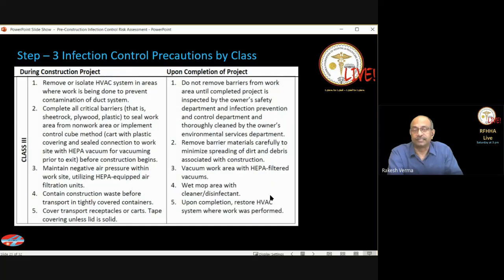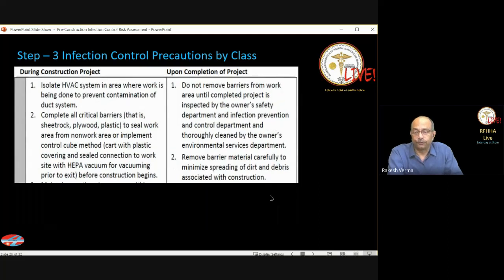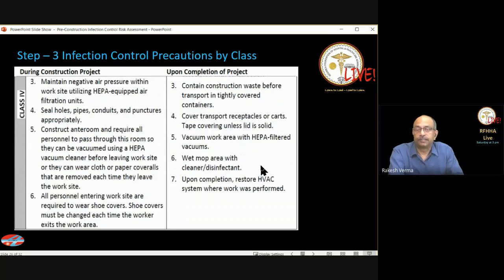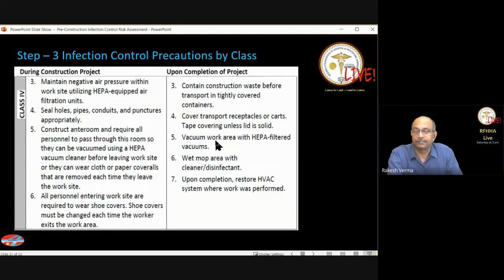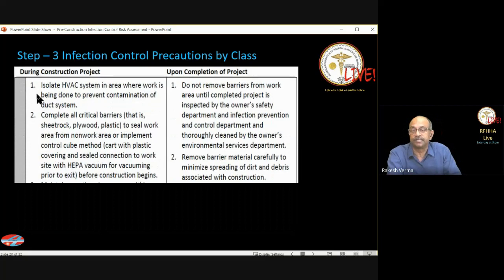Similarly, we have class 3 and class 4. Class 4 is a longer list of infection control precautions, so it spills over into two slides. It is where it begins.